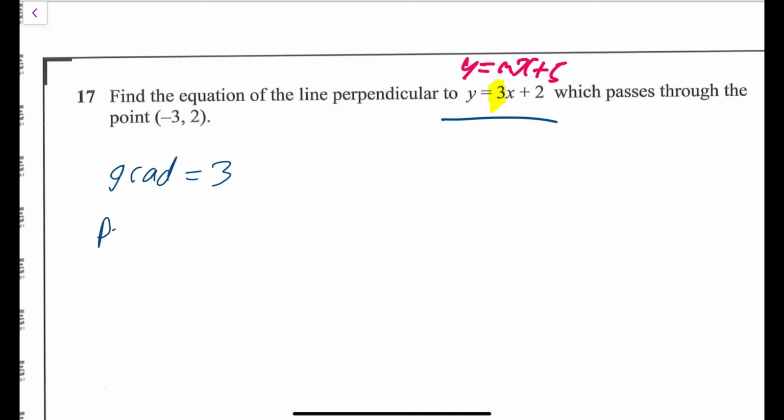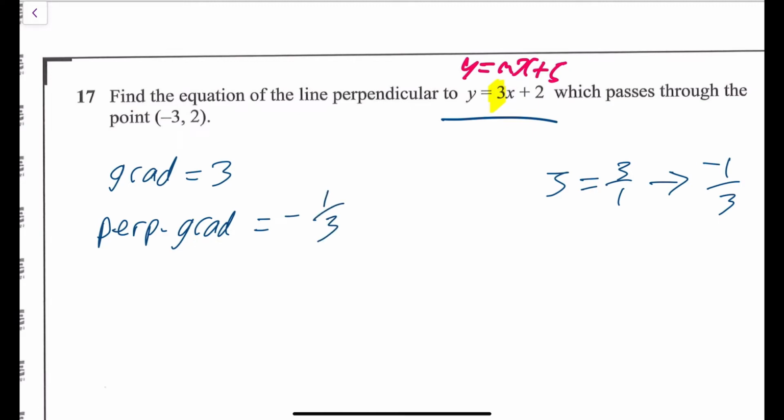So that means a perpendicular gradient is a negative reciprocal. What I mean by that, 3, you could write 3 as 3 over 1. And negative reciprocal means turn it upside down and then change the sign. So the perpendicular gradient would be minus 1 over 3.